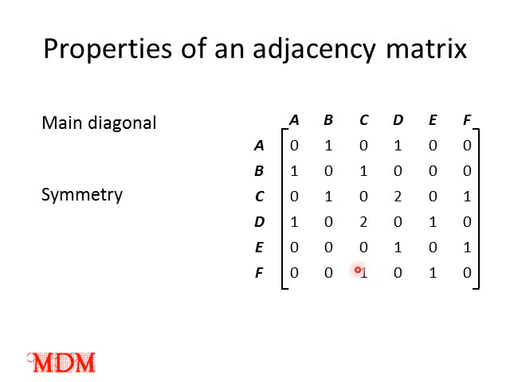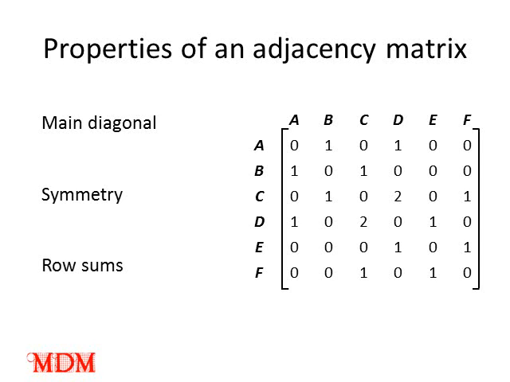So this entry for FC is the same as for CF. And that makes logical sense because the number of ways to go directly from F to C would have to be the same as the number of ways to go directly from C to F.